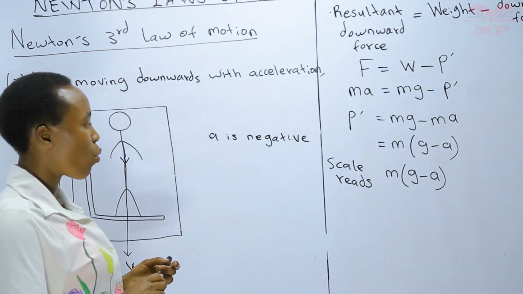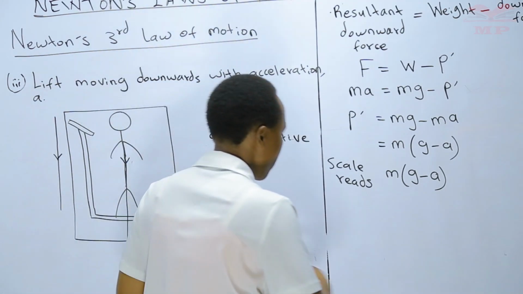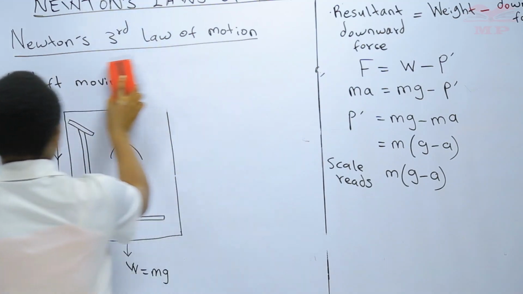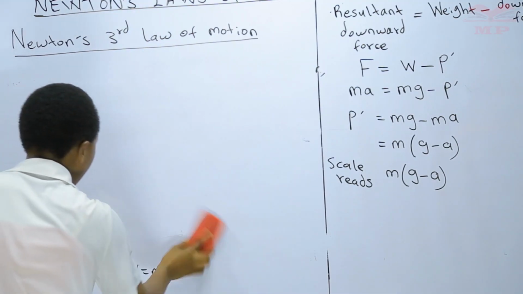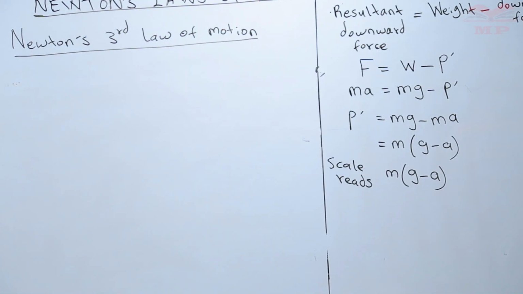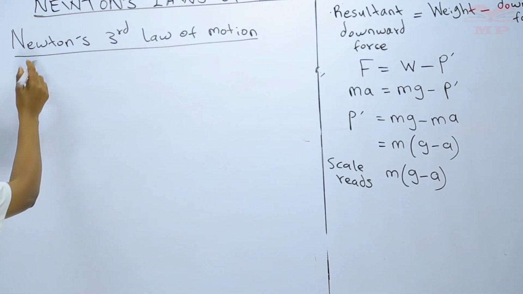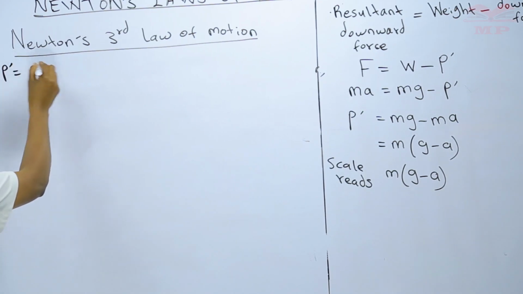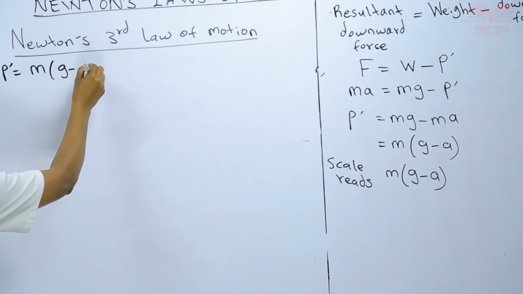And I would like you to note the following before we apply the formulas that we have already derived. We have seen that when the lift is moving downwards, our reading will be m(g minus a).